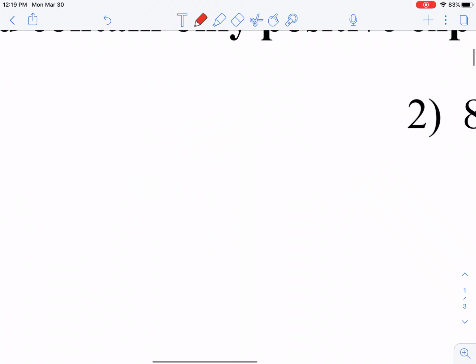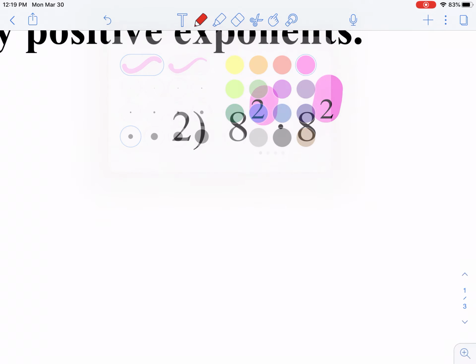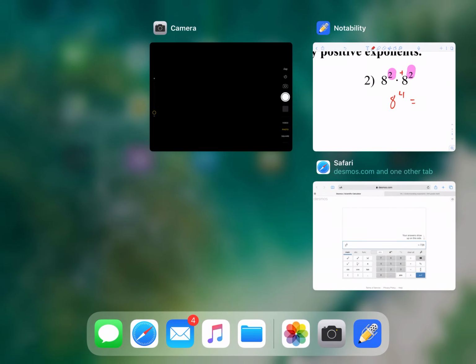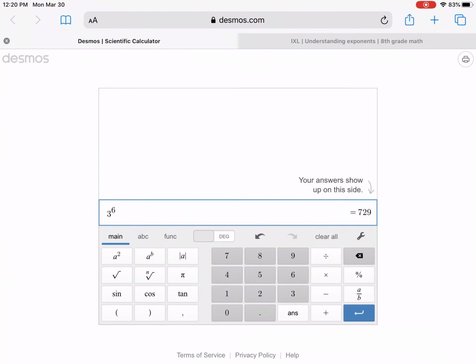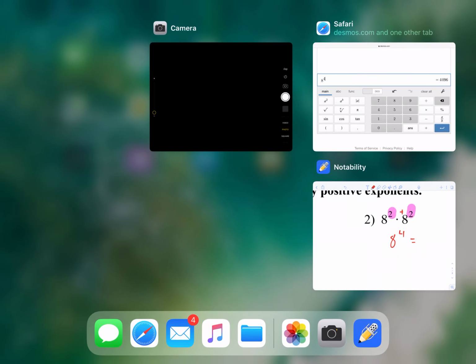Looking at number 2, again we look at the exponents first, 2 and 2, which means this is going to become 8 to the fourth, because all we have to do is add the exponents. If you want to solve it out, you're more than welcome to. It's not necessary for the purpose of this paper, but we'll go ahead and do it. 8 to the fourth is 4,096.